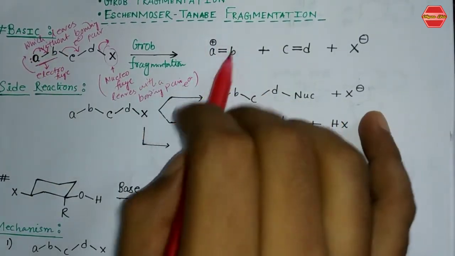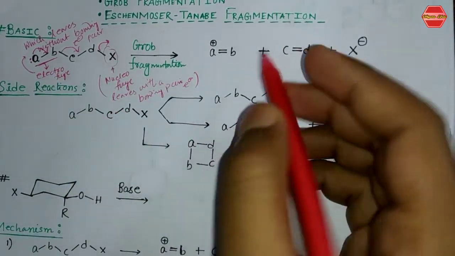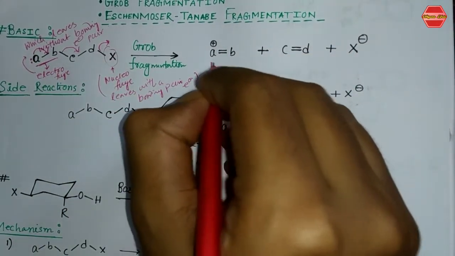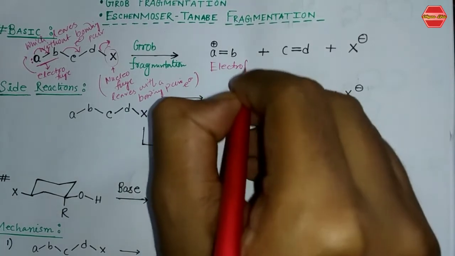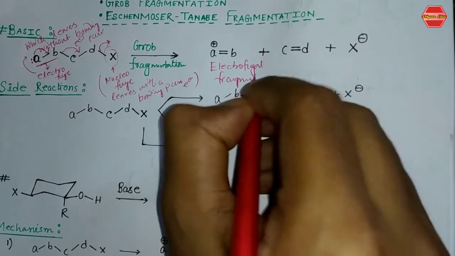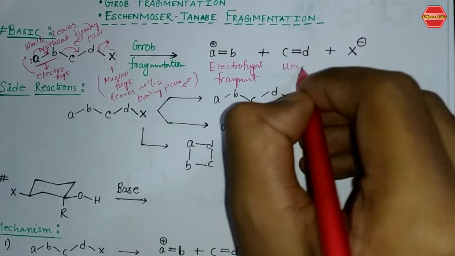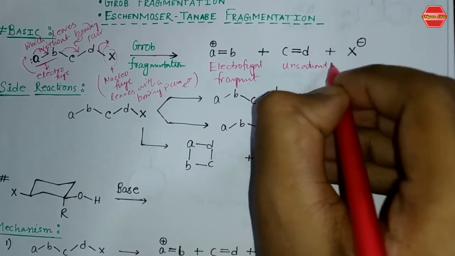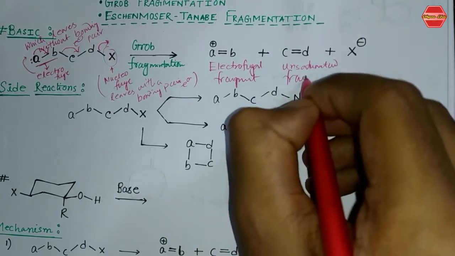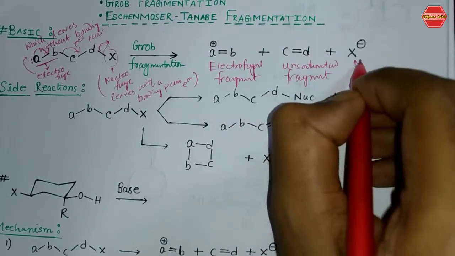So when we are getting these three parts from this GROB'S fragmentation, the first part is the electrofugal fragment, the second part is the unsaturated fragment, and the third part of this is your nucleofugal fragment.